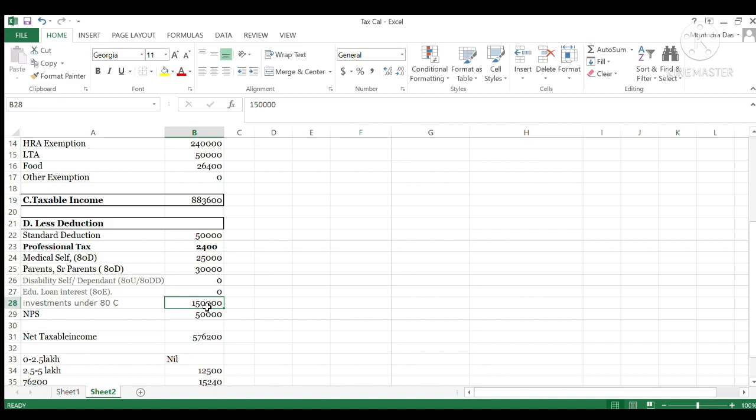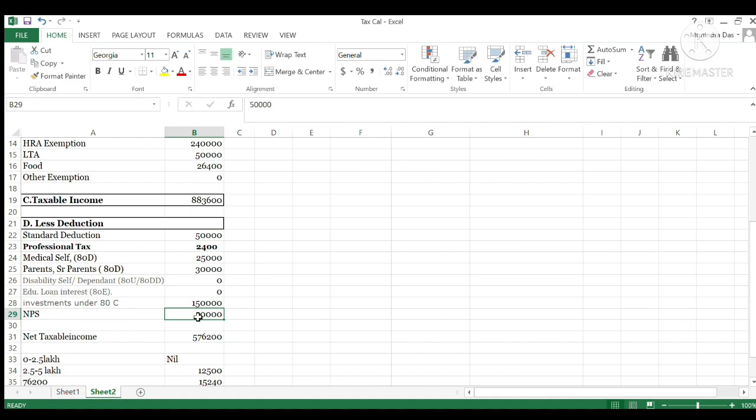Next deduction comes under the national pension scheme, where the government allows an additional 50,000 rupees if you invest 50,000 rupees in the national pension scheme, which is also a great tax saving instrument and a great retirement plan instrument. We are not going into details of all these instruments. I am just assuming you have invested another 50,000 rupees in NPS and you are getting a tax deduction benefit.